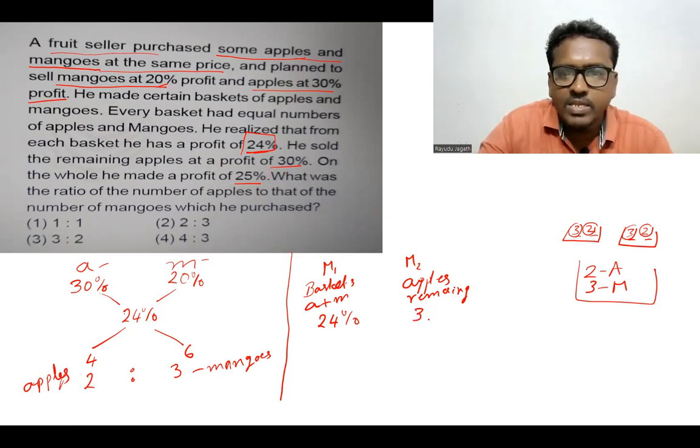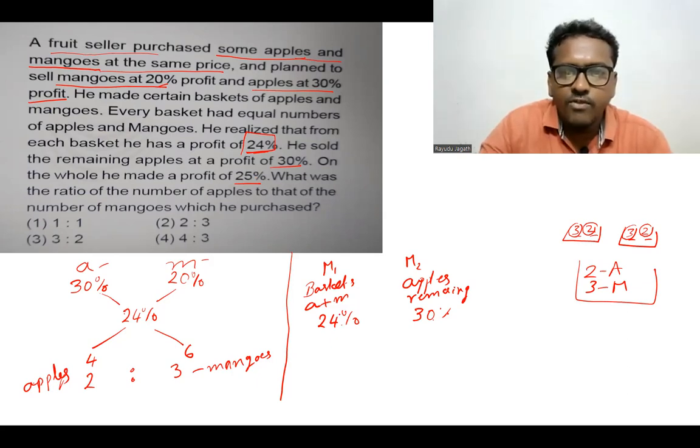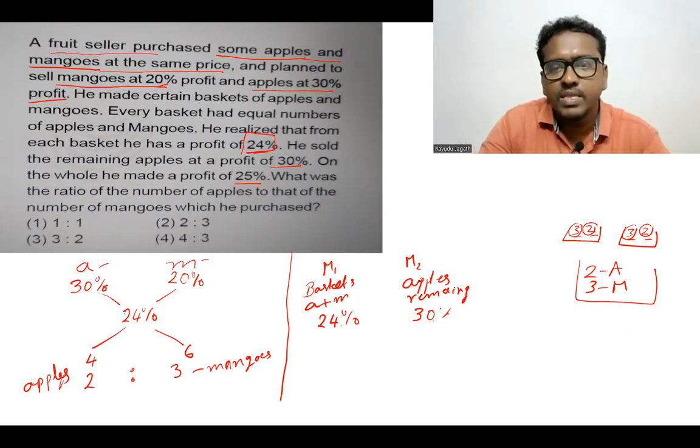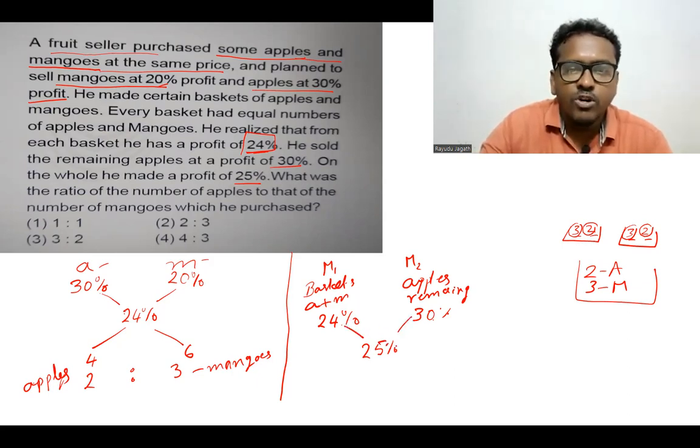So M1 is 24% and M2 is 30%, where M2 is only the remaining apples, and M1 is all the baskets, apples plus mangoes, at 24% profit. Both mixtures together have a combined profit of 25%.